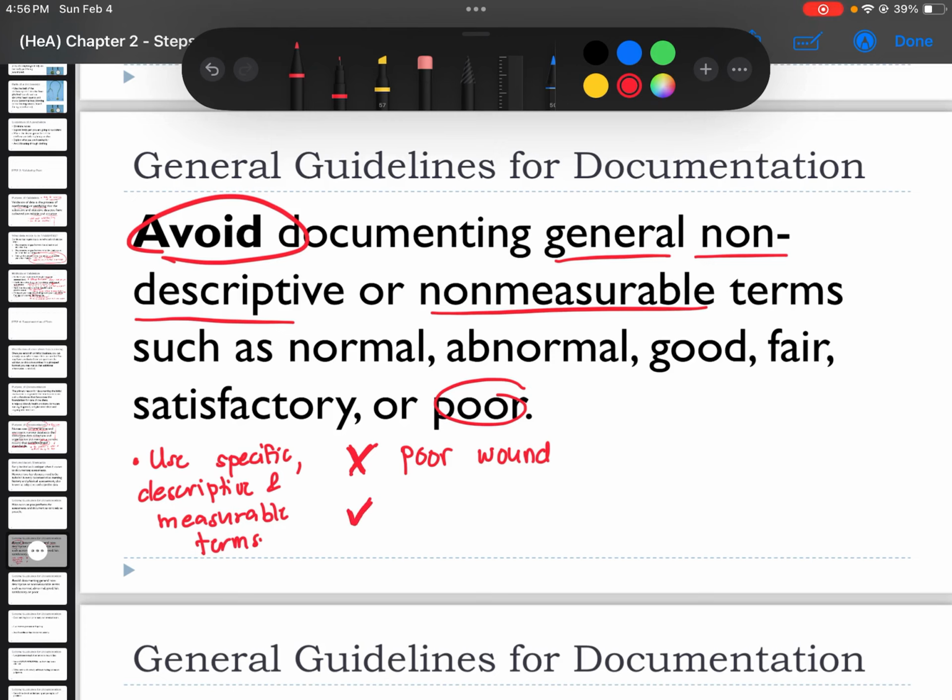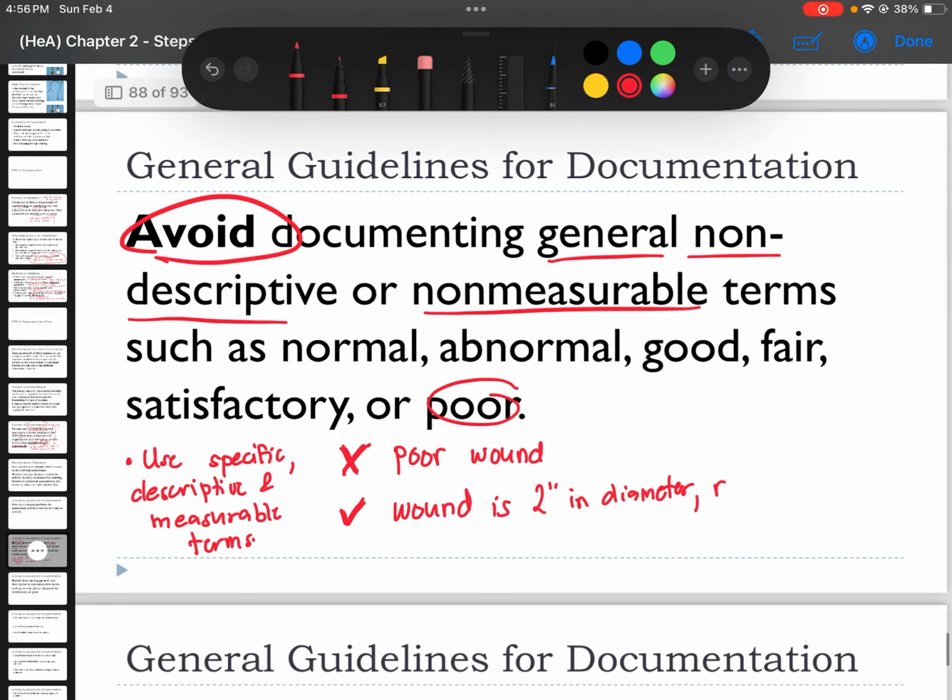The wound is 2 inches in diameter, red, excoriated edges with yellow purulent drainage.